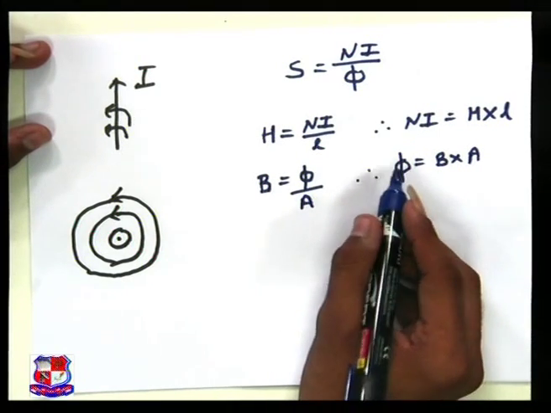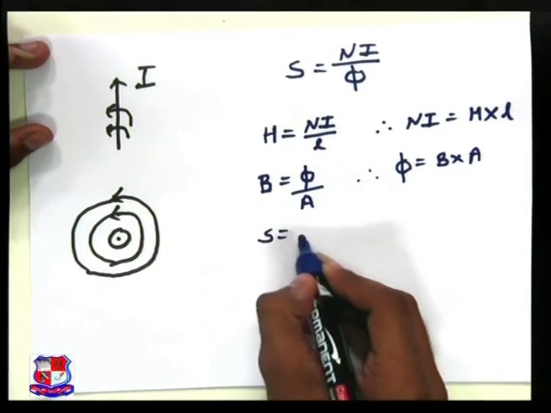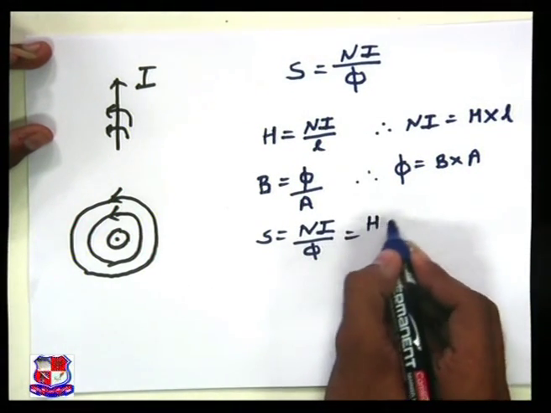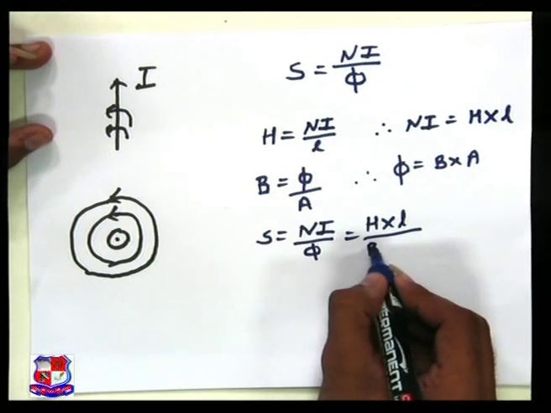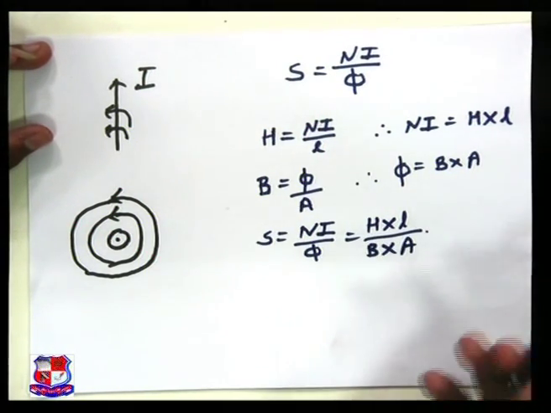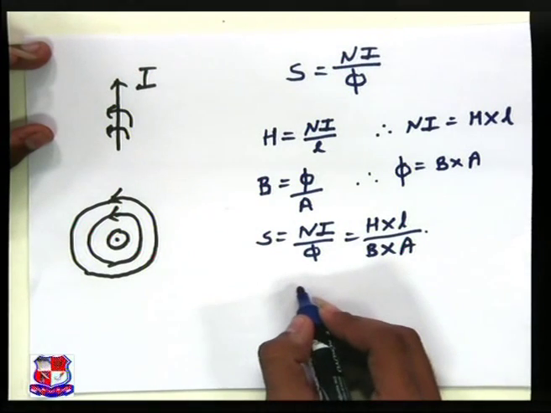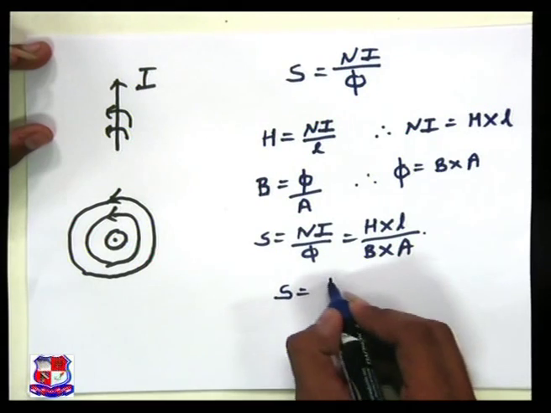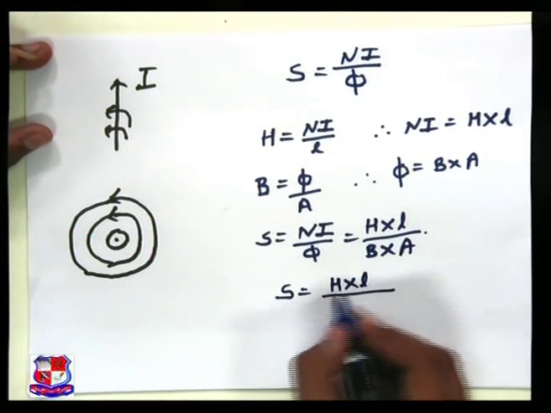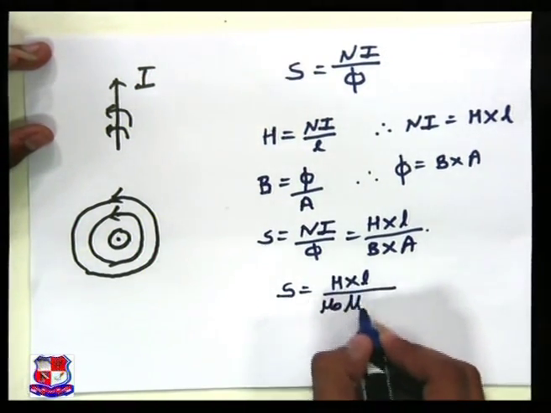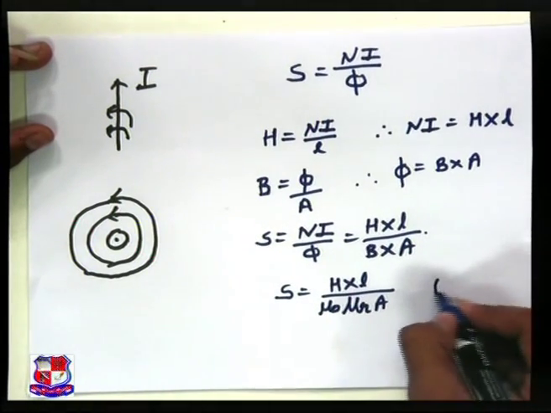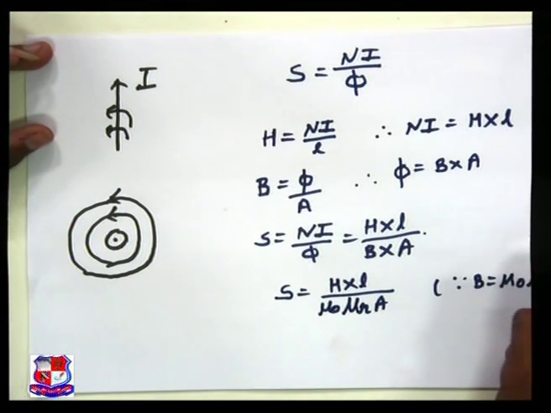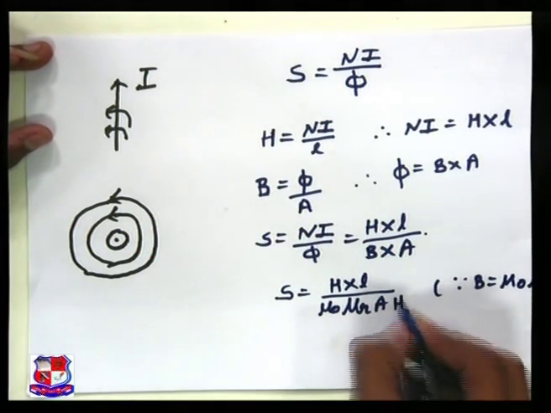Putting the value of phi and Ni, we can find S is equal to Ni by phi, which is H into L by B into A. But we have a relation B is equal to mu 0 into mu R into H. So we can put S is equal to H into L by mu 0 mu R into A H, because B is equal to mu 0 mu R into H, and H cancels.